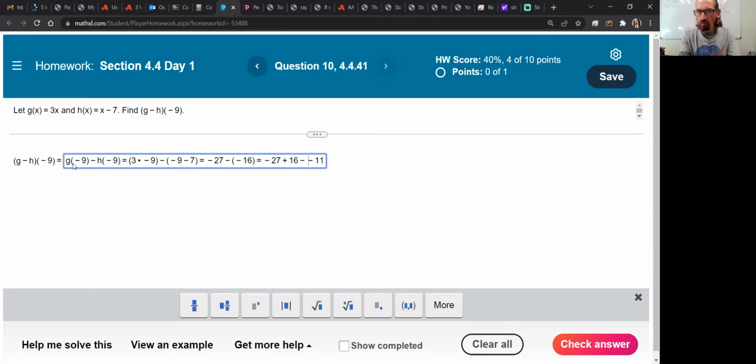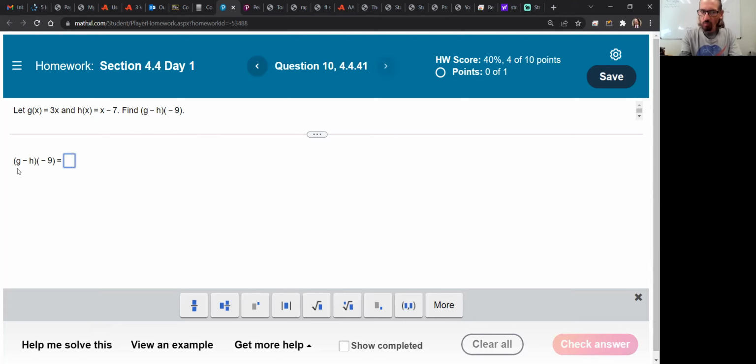Let's see if we get a -11 the other way, where first we come up with a formula. The order of subtraction matters. So our formula would be 3x minus the quantity x minus 7. You'd have to distribute your subtraction, i.e. multiplying by -1.